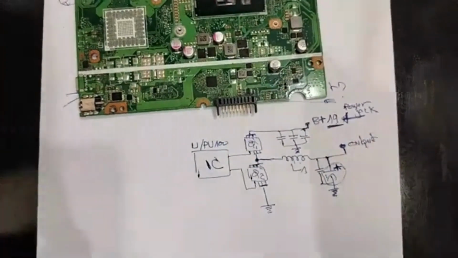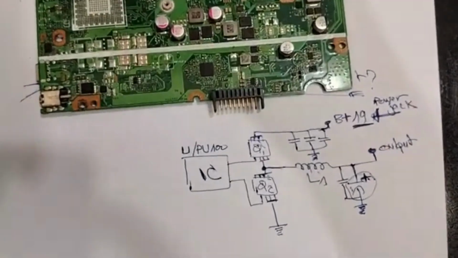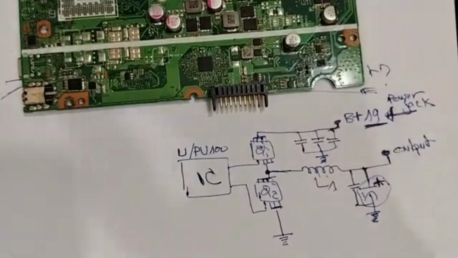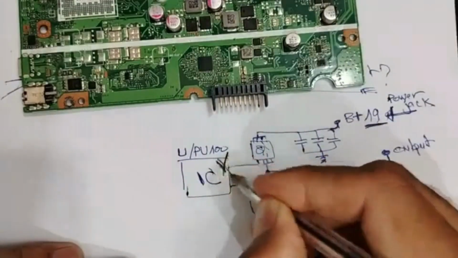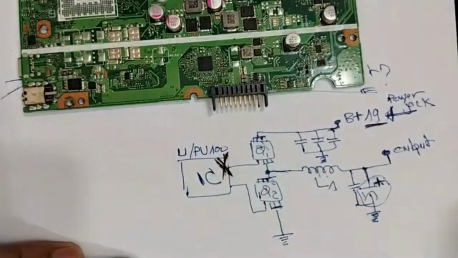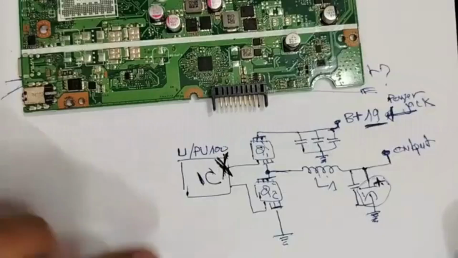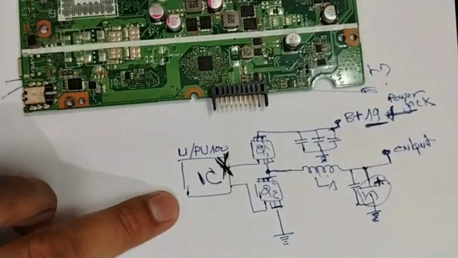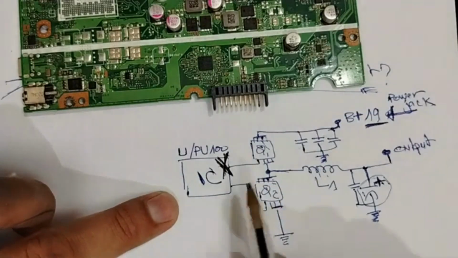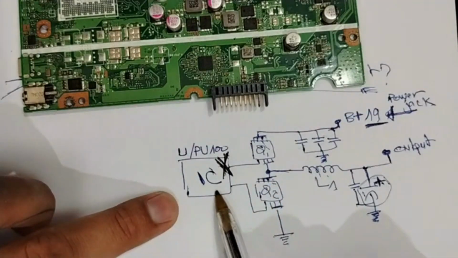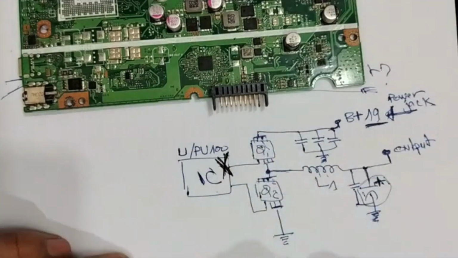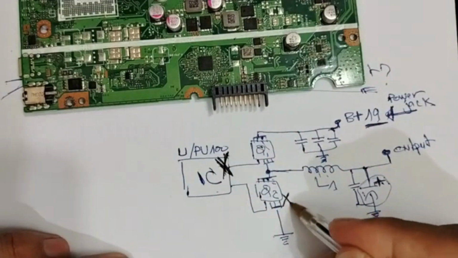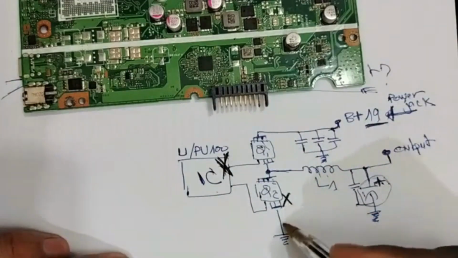What is the most common fault on motherboard circuits? The IC. Guys, this is one of the most common faults, the IC. Why the IC? Because the IC is the first component, the component that manages all the circuit. So the IC. Second, this MOSFET that is connected to the ground.